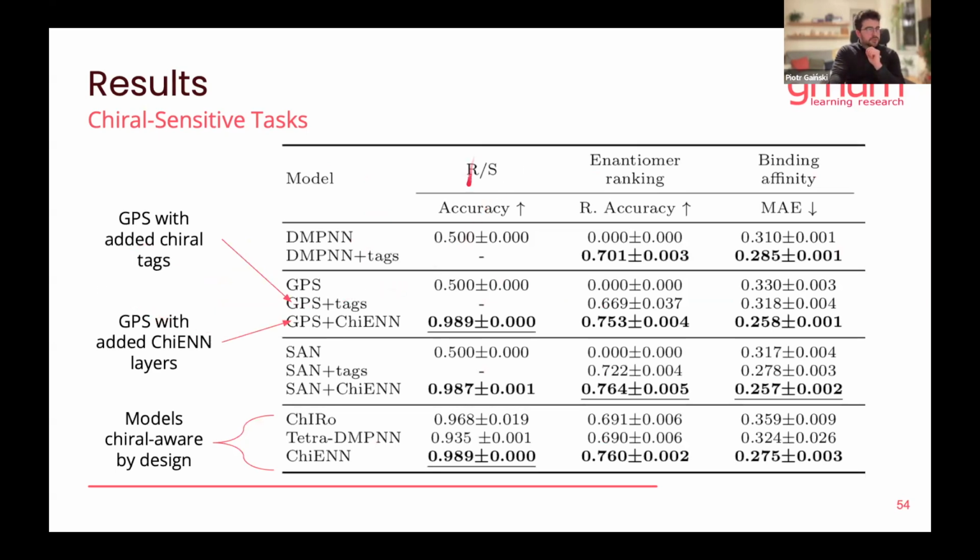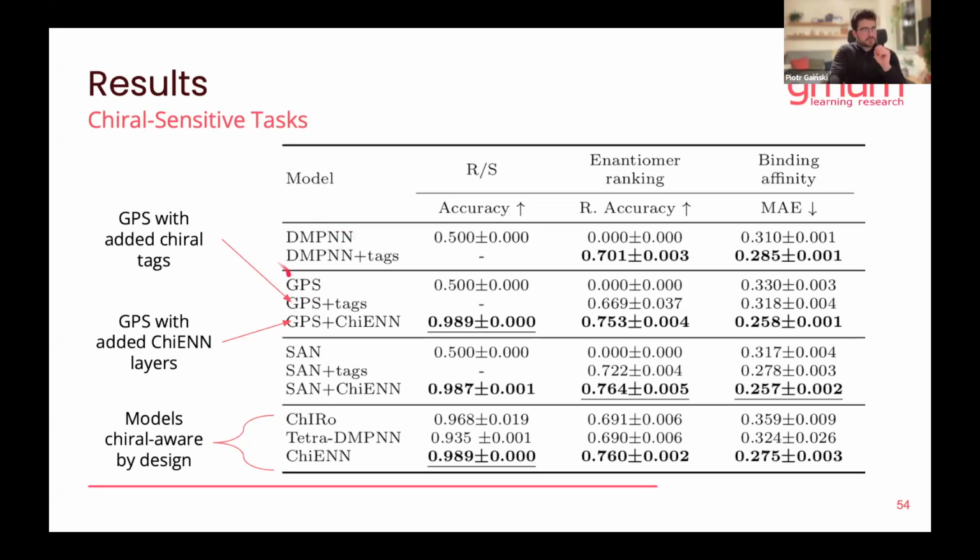Okay, so first of all, for that task, we didn't report the results. Here we have three types of models. First is a typical graph neural network. We have three of them: GPS, spectral attention network, and the very classical DMPNN.